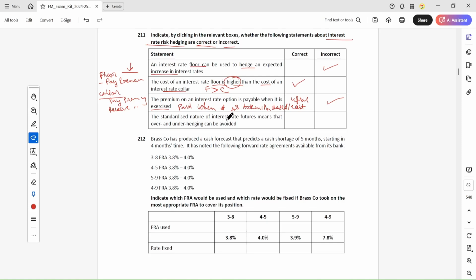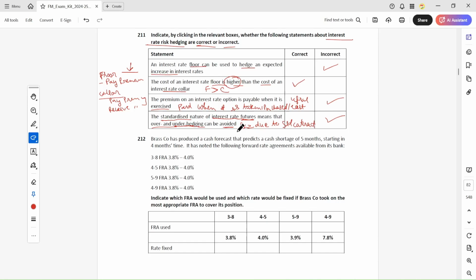Okay, the standard nature of interest rate futures means that over and under hedging can be avoided. No, because due to standardized contract we have to buy a specific amount of the future size.